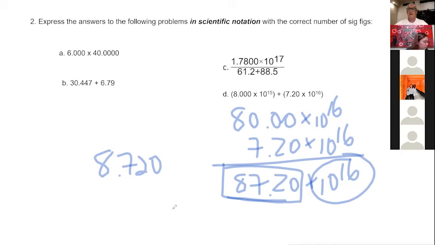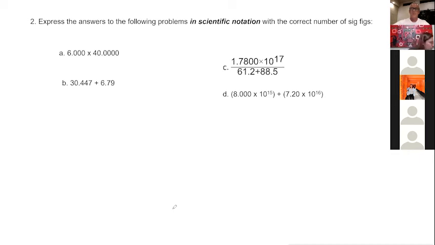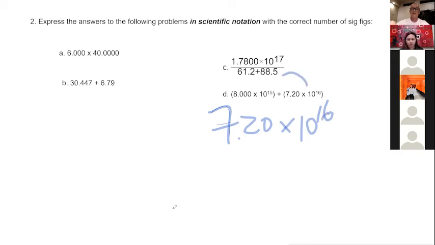Oh, wait, I did this the opposite way. I screwed this all up. Never mind. I got the wrong one being bigger. That's on me. So 7.20 is 10 to the 16th. That's 10 times bigger than this. I was thinking of it as minus. So that must be getting late.